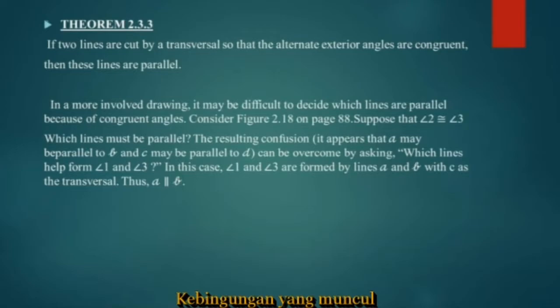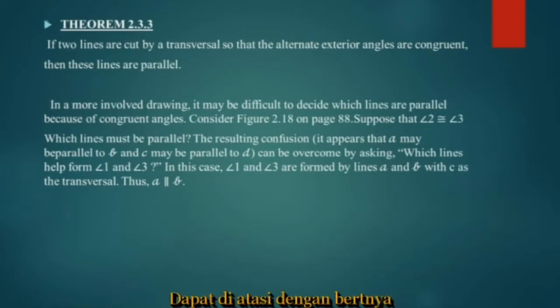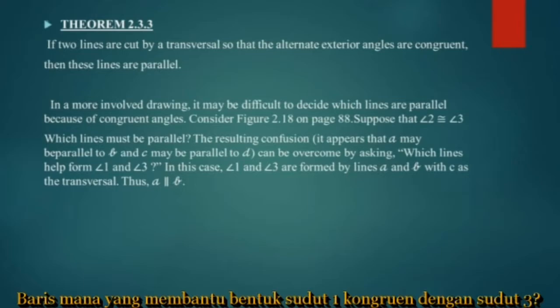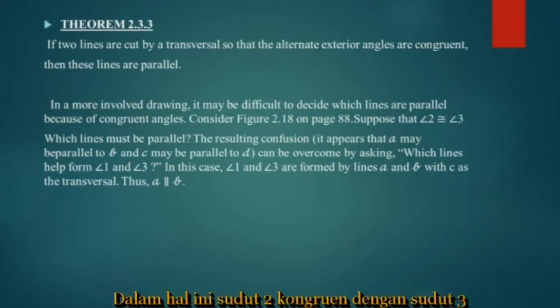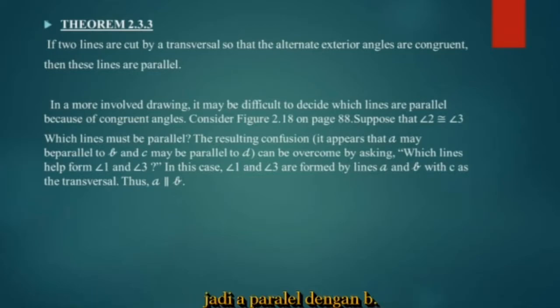The resulting confusion, that it appears A may be parallel to B and C may be parallel to D, can be overcome by asking which lines help form angle 1 and angle 3. In this case, angle 1 and angle 3 are formed by lines A and B, with C as the transversal, thus A is parallel to B.